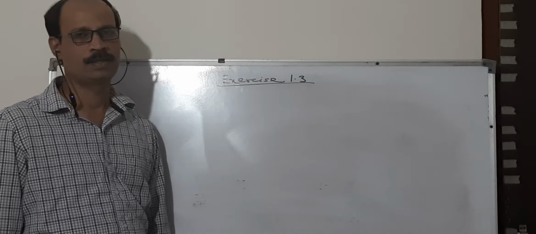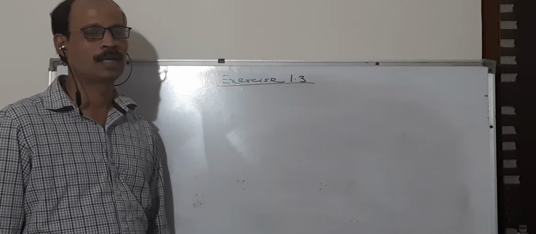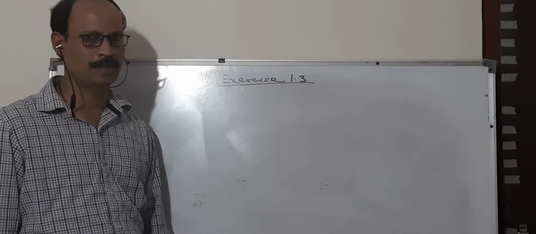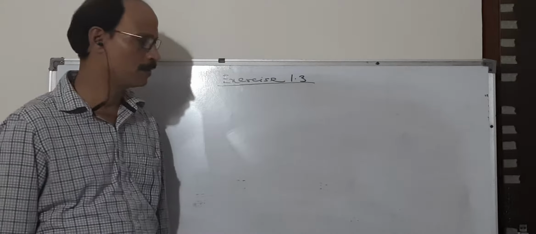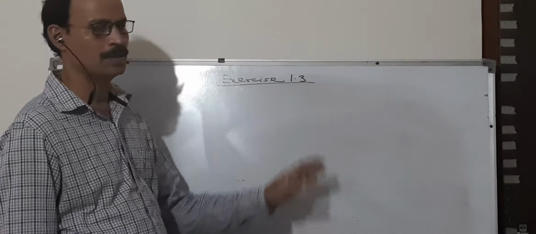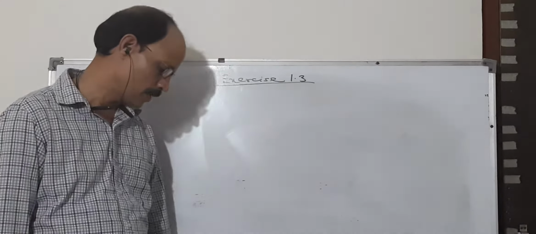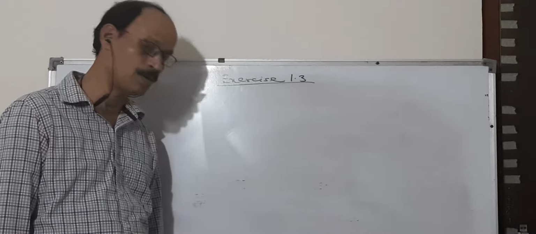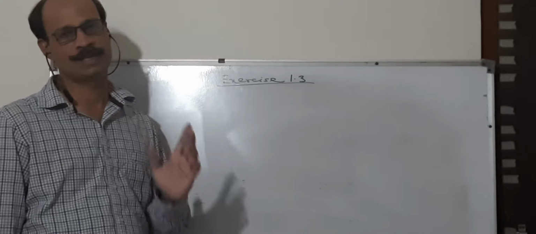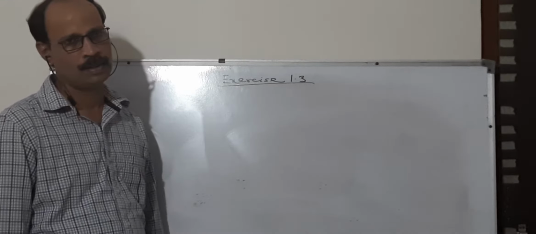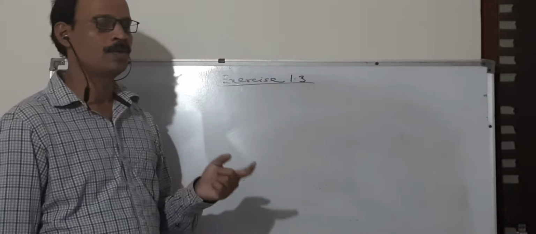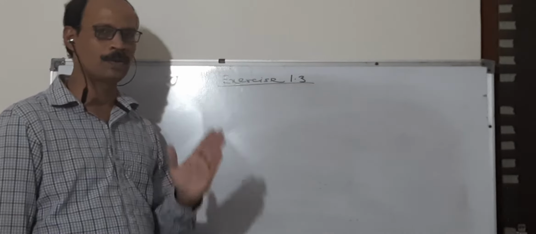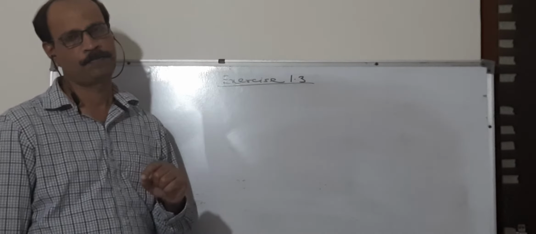Just before we discuss how to prove that root 2 is irrational, let's proceed for exercise 1.3. In exercise 1.3, the first question is to prove that root 5 is irrational. We already proved root 2 is irrational and the same steps will be followed for root 5.